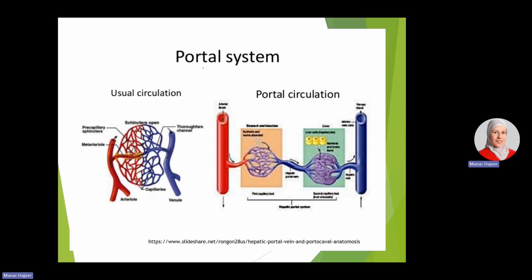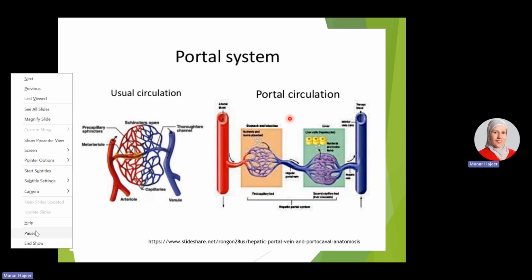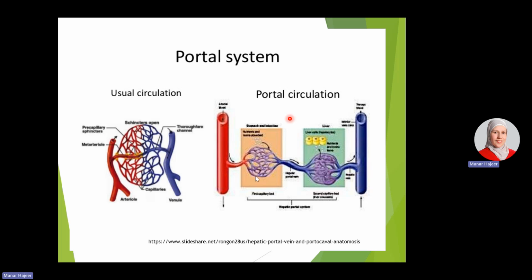This is a diagrammatic presentation of the portal circulation in which the blood collects, as I said, from the GI tract, and it goes to the liver through the portal vein. Then it will go through the hepatic vein to the inferior vena cava.